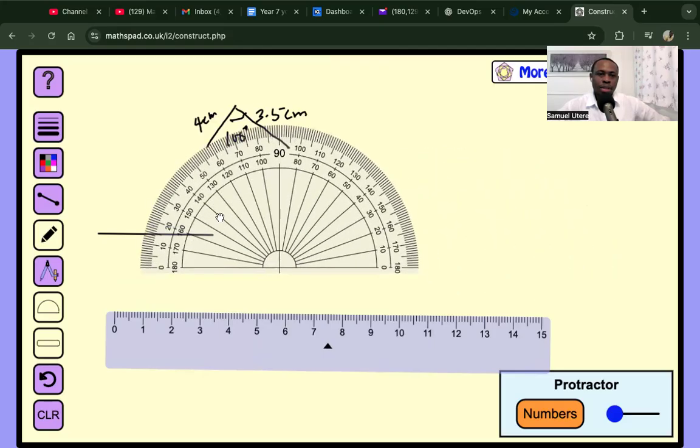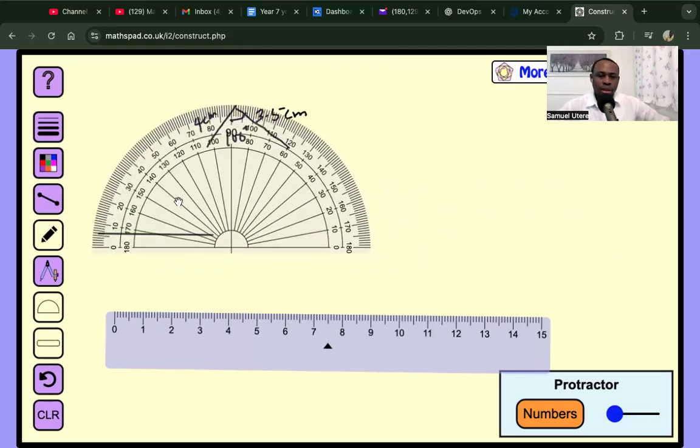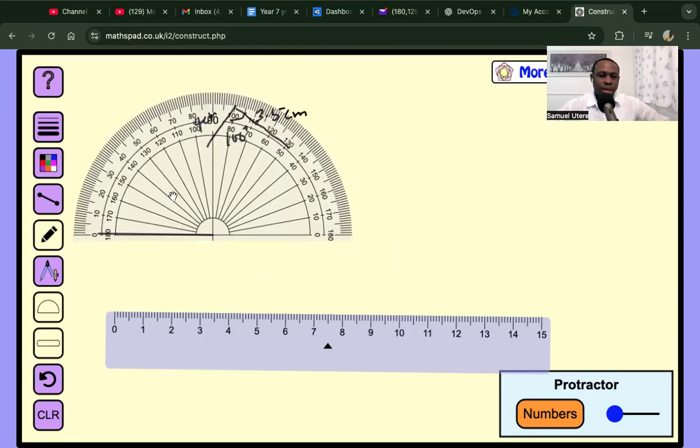You move your protractor, put it in place, and you can see that it is lined up with the end of the line. You want 100 degrees, so you mark 100 degrees. You're using the outside scale, so 100 degrees will be somewhere here. You can see it on the scale.